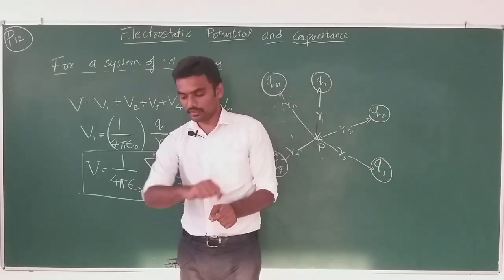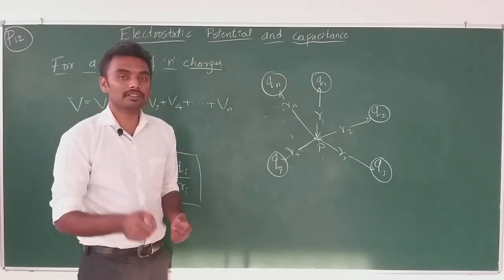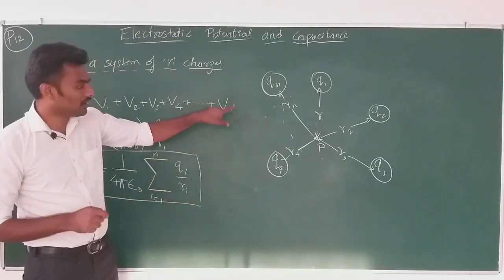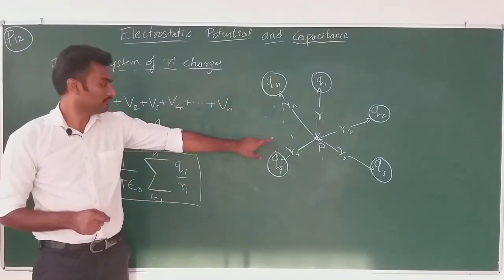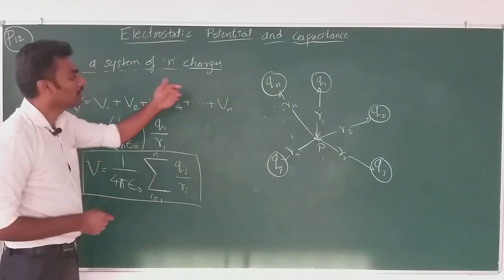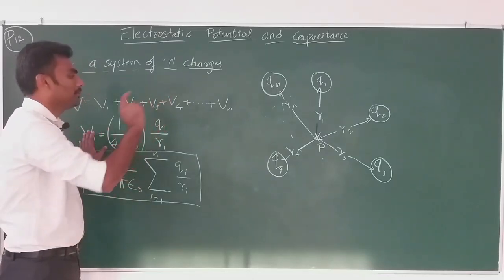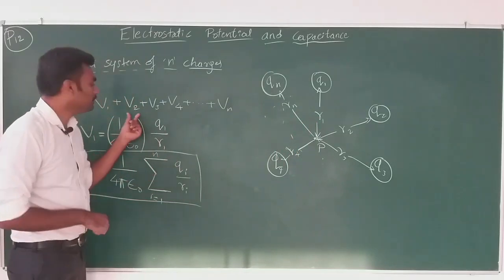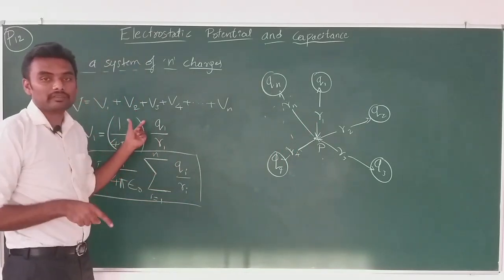Be careful here, we have to consider the sign of the charge, because if we have a positive charge, the potential will also be positive. So if Q1 is positive, V1 will be positive. If Q2 is negative, then V2 will be negative itself.